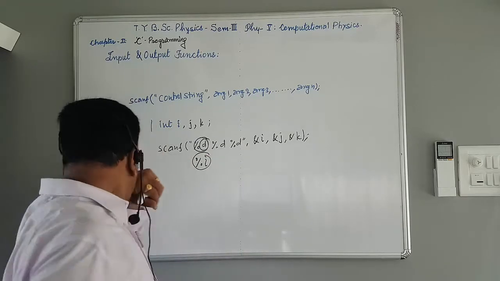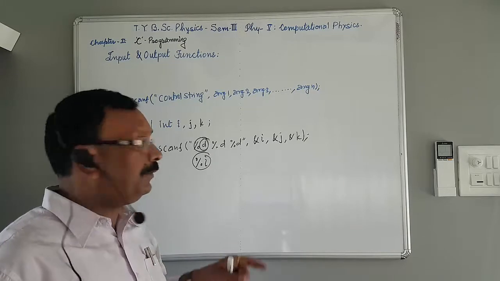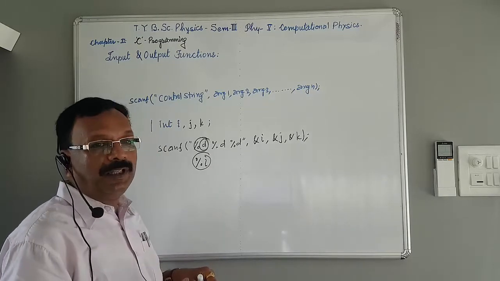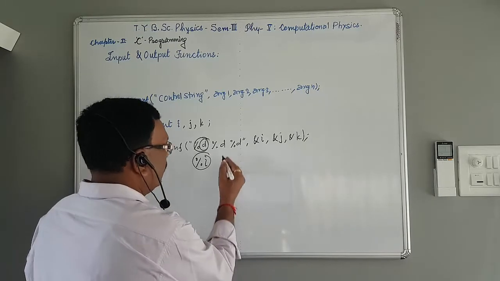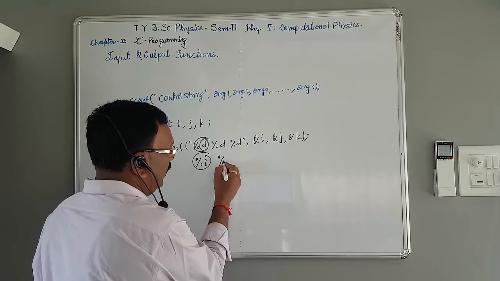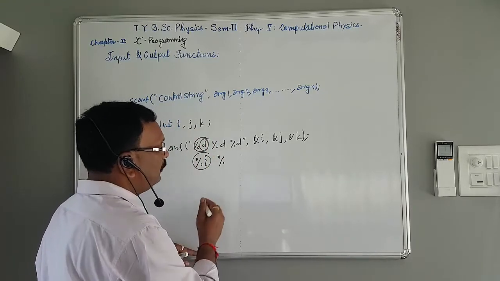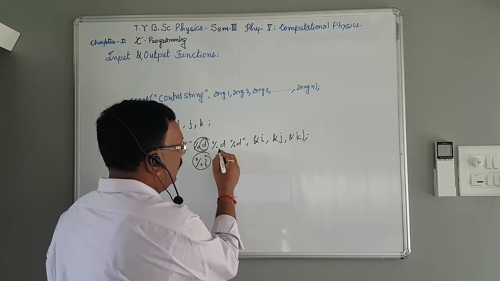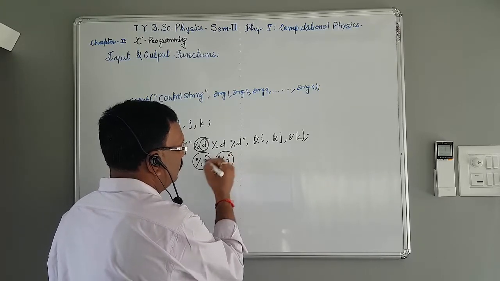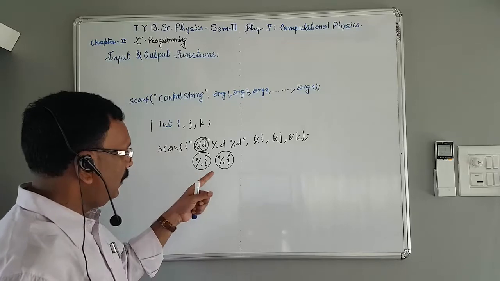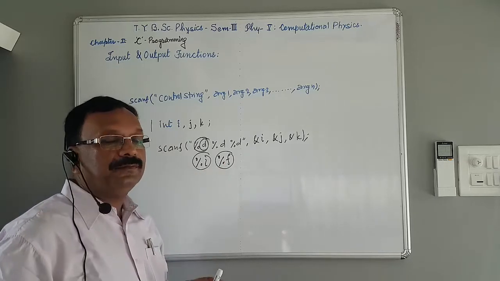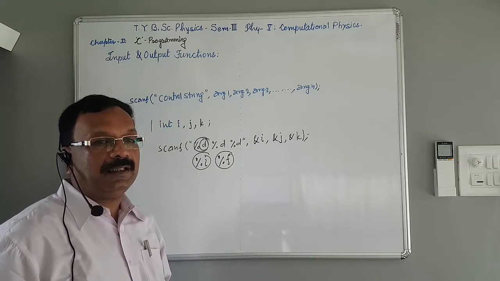If we declare the data type as floating point, then rather than %d, we have to put %f. This is the conversion character.